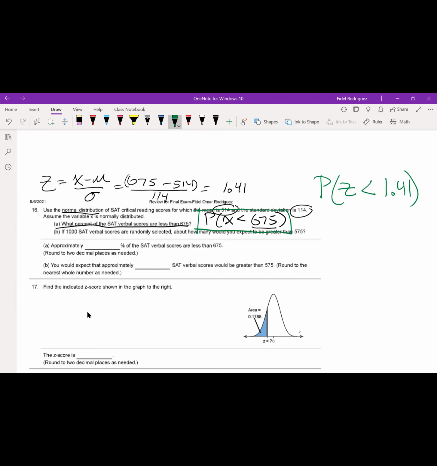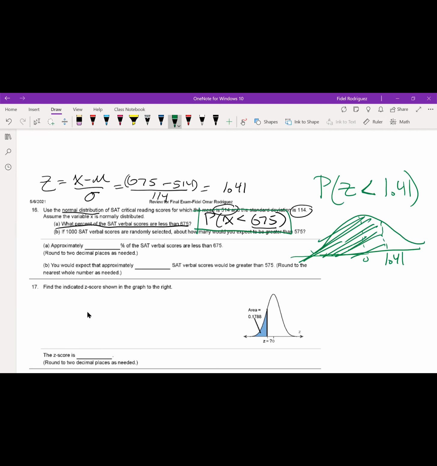So if here is 0, 1.41 might be right here. And because it says less than, that means I'm looking for the area to the left, okay? So guys, again, 2 ways we can do this. We can go back and use the table, or we can use our calculator, right?